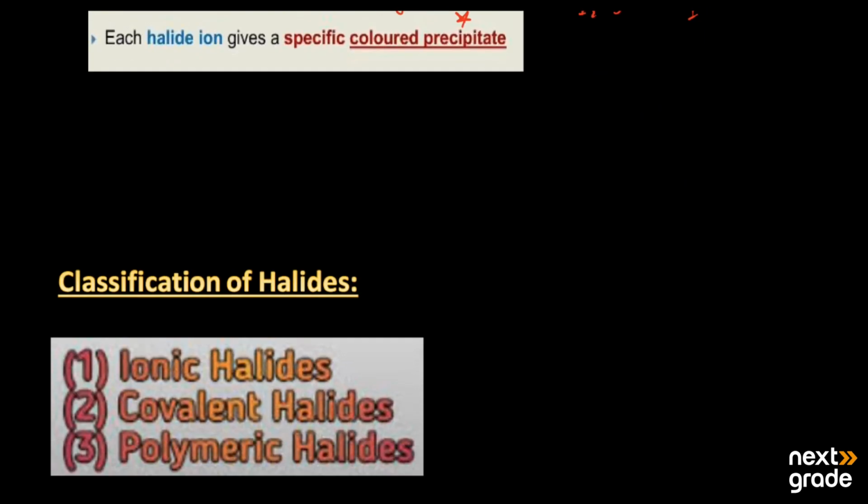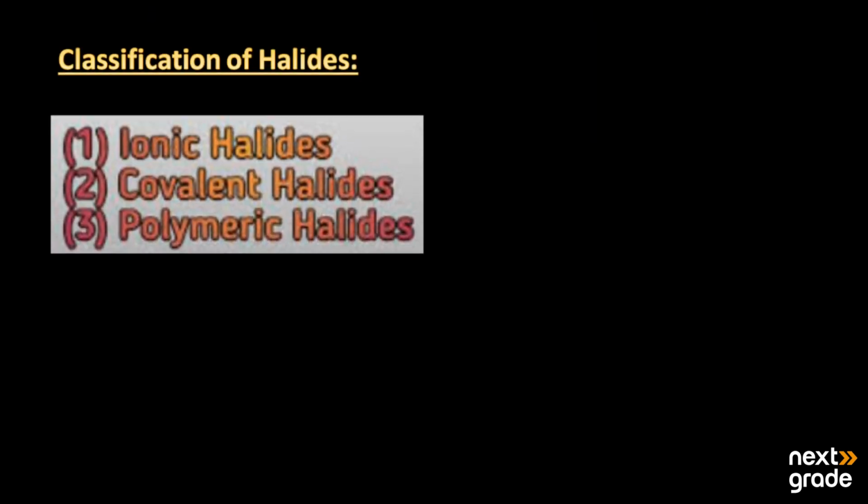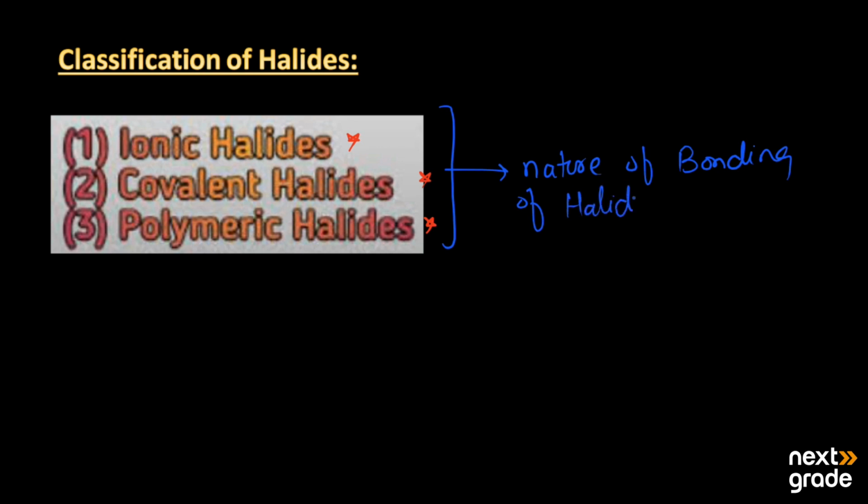Then we have the classification of the halides. Basically, we have three types of halides: ionic halides, covalent halides, and polymeric halides. All these three types depend upon the nature of bonding of the halogen atoms with other elements.